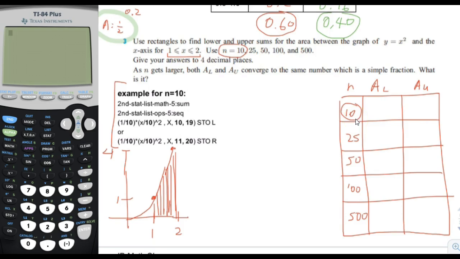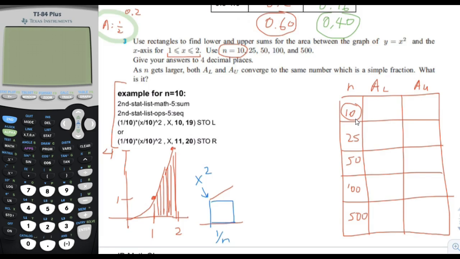So I'm going to draw a little picture of a rectangle for one of these here. So let's do the AL rectangle. The AL rectangle has width 1 over n, and then the height would be x squared.